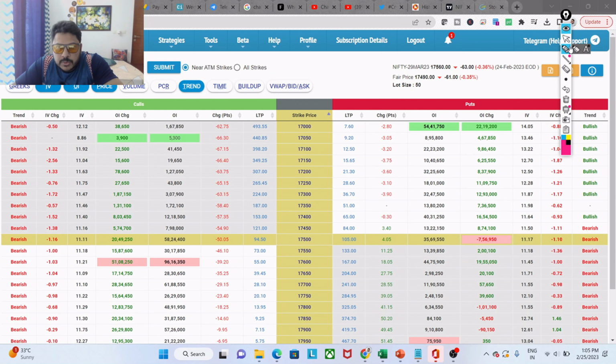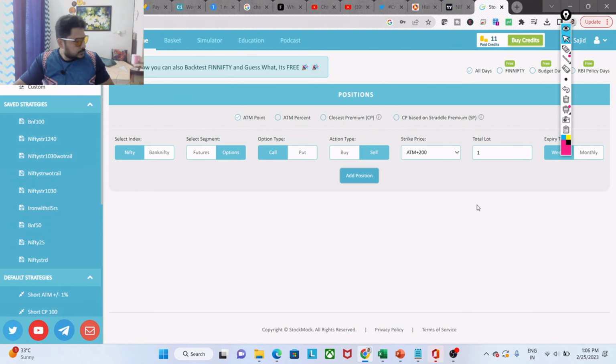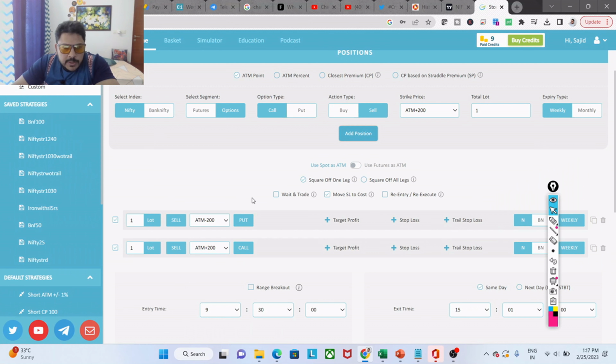So now we are going to use a backtesting tool. What we are doing here is taking at the money.